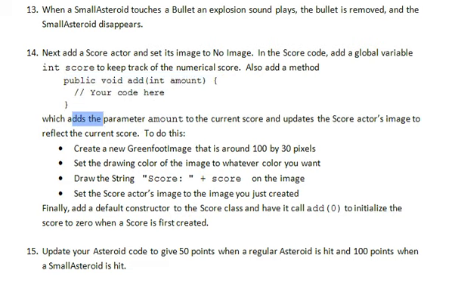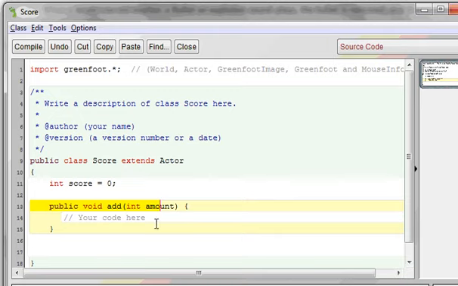It should add whatever the person passes in as the parameter, it should add that amount to the current score. So we're going to say that score now equals whatever the score was before plus amount. So effectively, this add method will just take the score and add this much more to it.